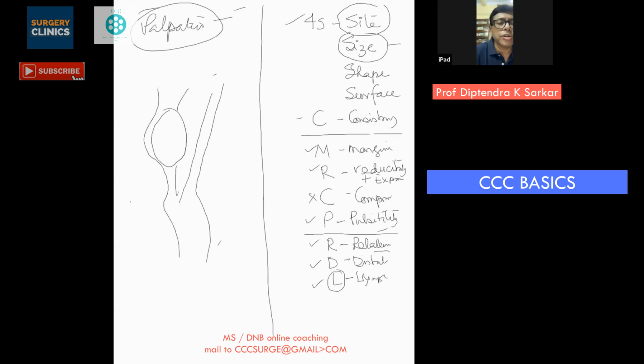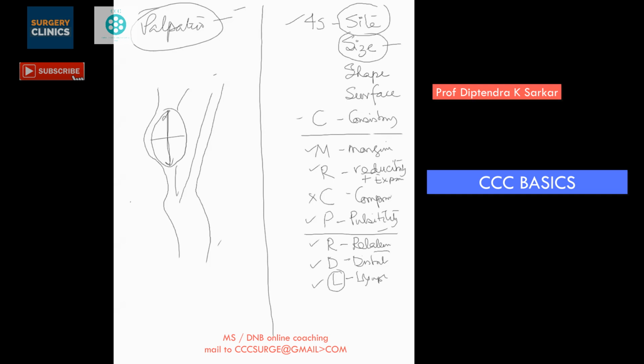So of course, you are going to tell the size in both axes, that is the transverse and the vertical axis of the lesion. That's very sure. But when you are asked to measure it, a very common mistake is to put the tape like this.